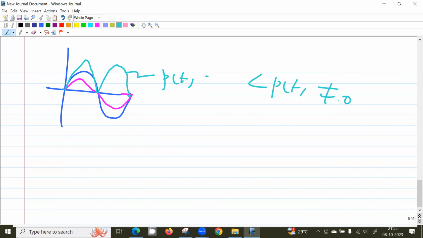But for inductor and capacitor, if voltage is like this, sorry, this is sine, right? Voltage is sine, so current will be cos. So it will be like this. If we draw it properly, I don't think I have drawn it properly.